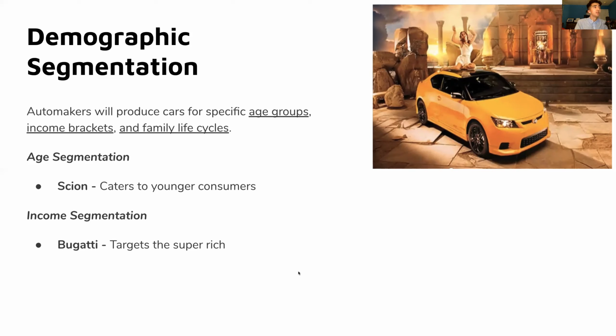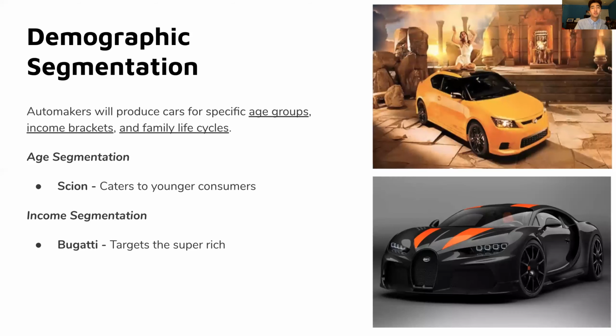So for income segmentation, I went ahead and chose Bugatti. I thought Bugatti is a great example of income segmentation because they target the richest of the rich, the 1%. So if you look on the bottom right, this is the Bugatti Chiron, and I want you guys to try to guess the price tag on this car. But before you guess, remember that this car is targeted for the 1%.